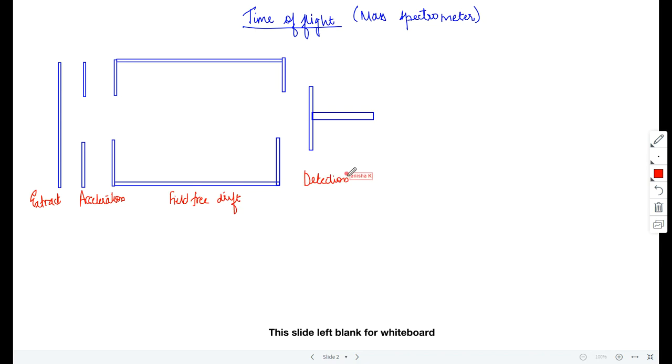Now there are electrons or elements present in this extract. Just imagine there are two types which are going to emit from here.